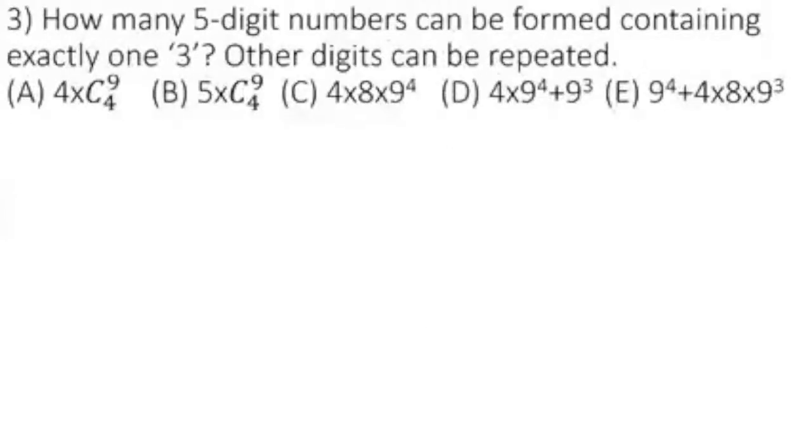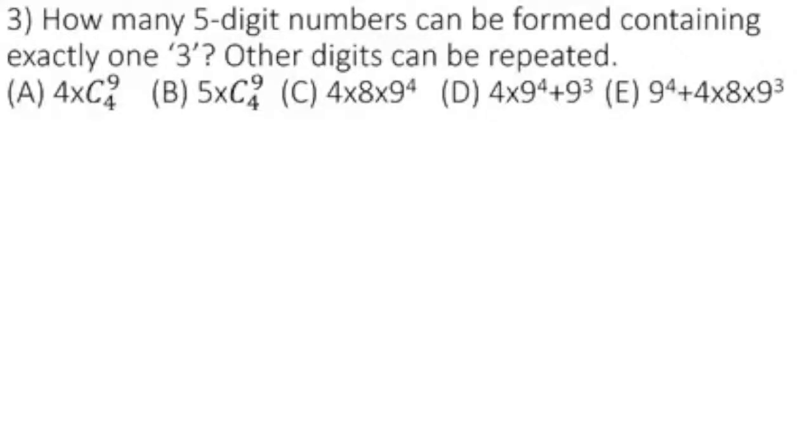How many 5-digit numbers can be formed containing exactly one 3, where other digits can be repeated? Remember only one thing you have to understand here: 3 will come only once in the 5 digits. It is not repeated at all, so it should occur only one time. So how will things work?